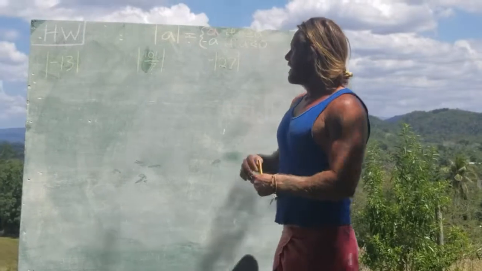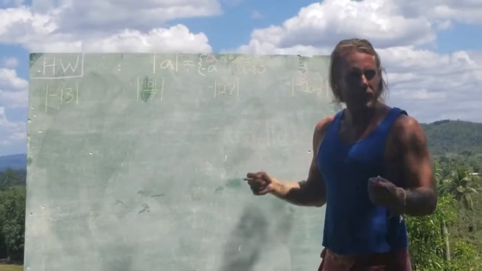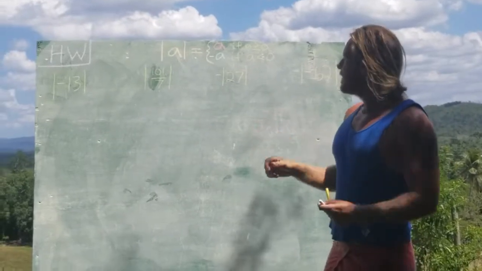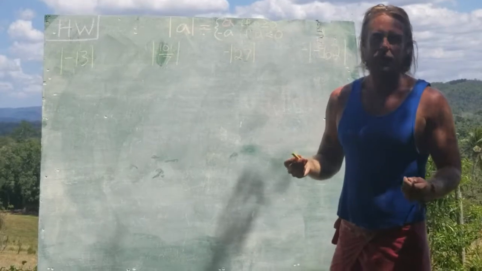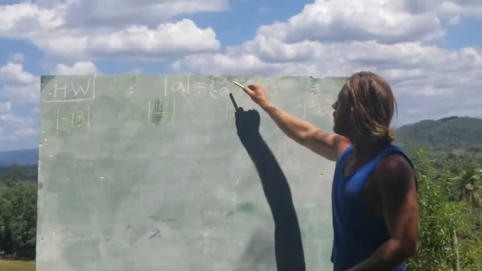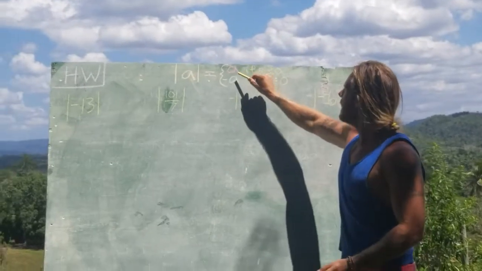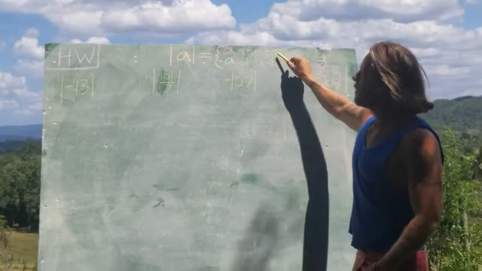Our first task was to evaluate these absolute value expressions, but explicitly deal with the algebraic definition that we talked about for absolute value. That is, the absolute value of A is equal to A, red A, if A is greater than or equal to 0.